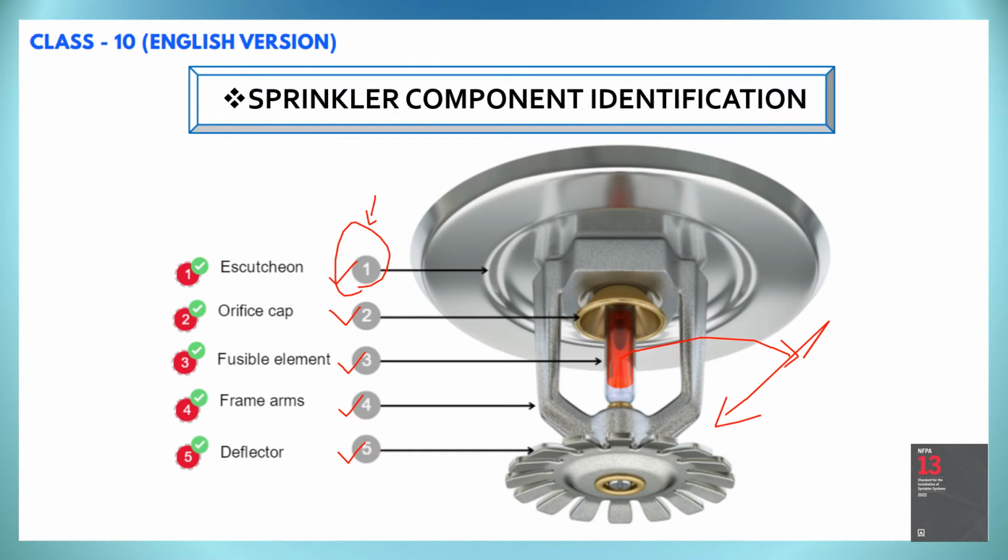And we have open sprinklers also, but open sprinklers do not use an operating element and are open at all times, so we will not find any bulb or any filament on the sprinkler for open sprinklers. The distribution of water is intended to extinguish a fire or to control its spread.